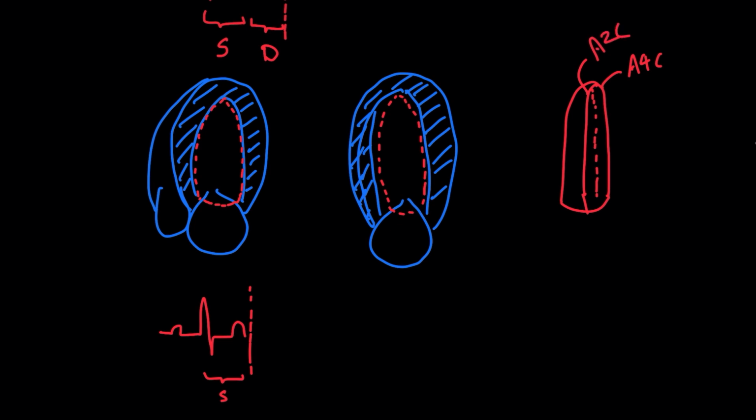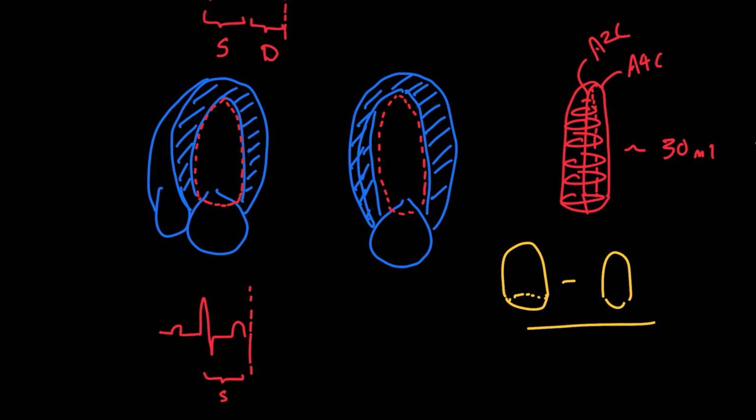Again, we're getting this solid shape that represents the ventricular cavity, and with some calculus, our computer can sum up a series of discs and get a volume. Let's say this volume was 30 milliliters. Well then, to calculate the ejection fraction, that's simply the large volume minus the small volume divided by the large volume.